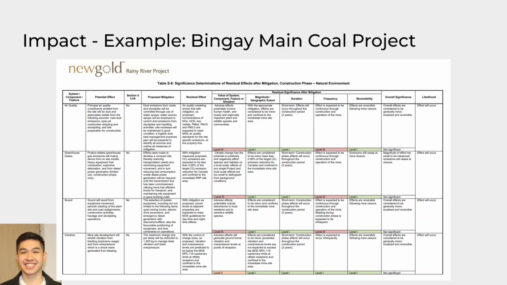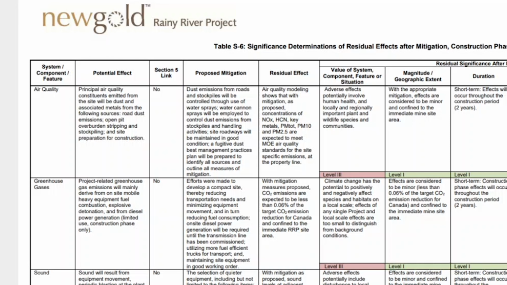So we see that the table is actually quite comprehensive. It has many different attributes, columns, as you see. So the first one here is air quality, and the potential effect column will explain that possible impact, and then you actually see the mitigation here, and then residual effect, which is the effect after the mitigation is employed or done.